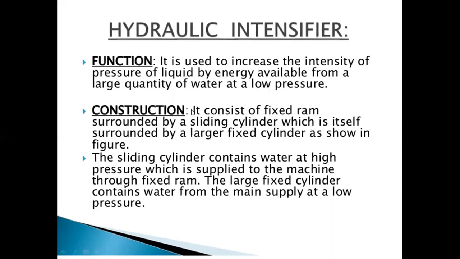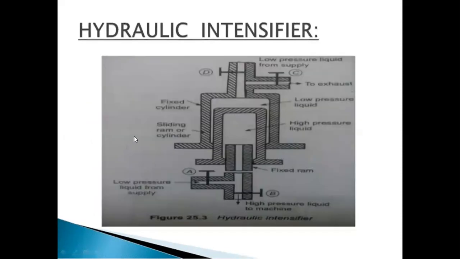Now we will see the constructional details. It consists of a fixed ram surrounded by a sliding cylinder, which is itself surrounded by a larger fixed cylinder, as shown in the figure here.